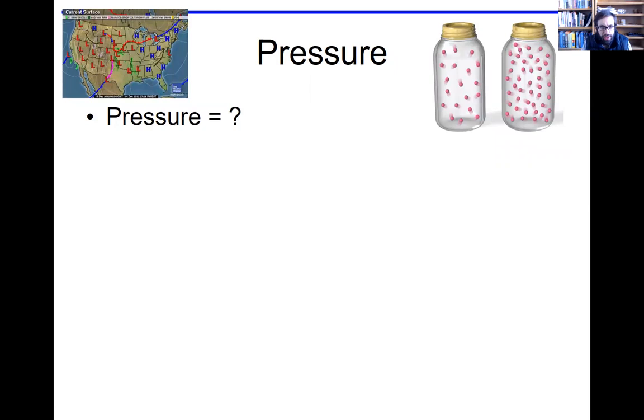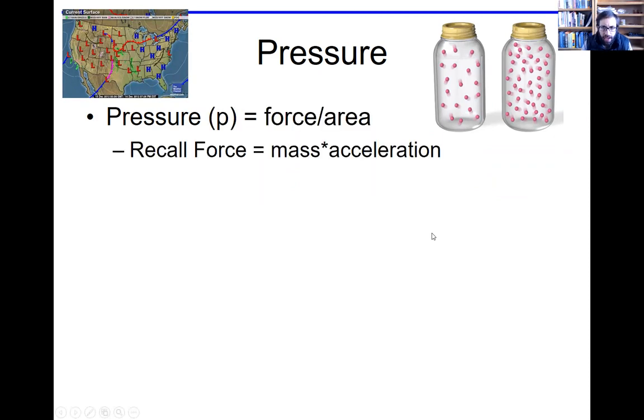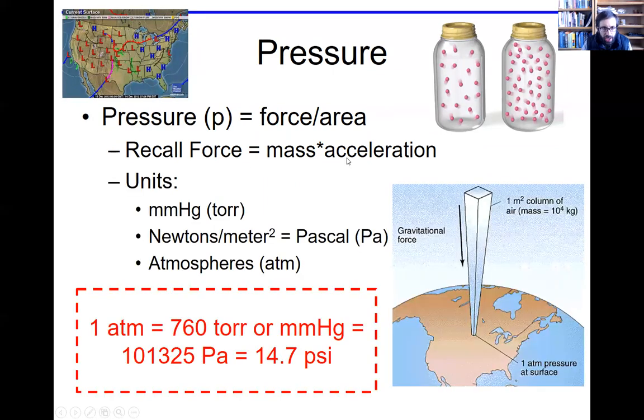So we'll start with defining what pressure is. You can think about high and low pressure systems in terms of weather, but no matter what type of pressure you're talking about, be it the weather or inside a small container, it's defined as force divided by area. And remember that force is mass times acceleration. So how does that work when you're talking about atmospheric pressure?